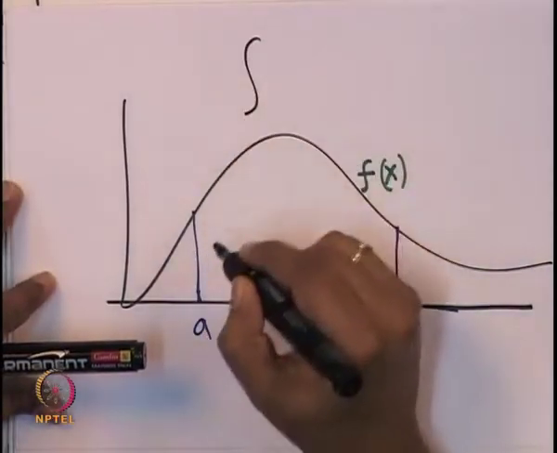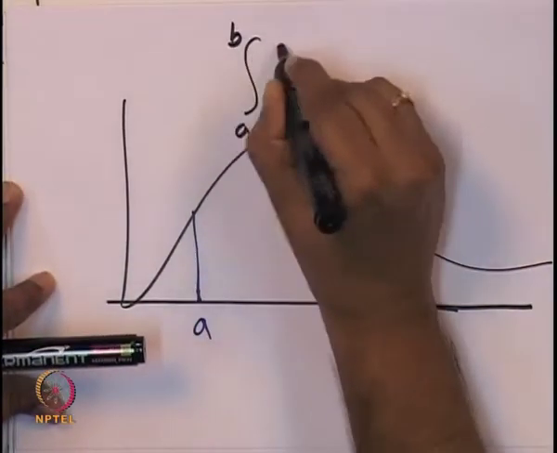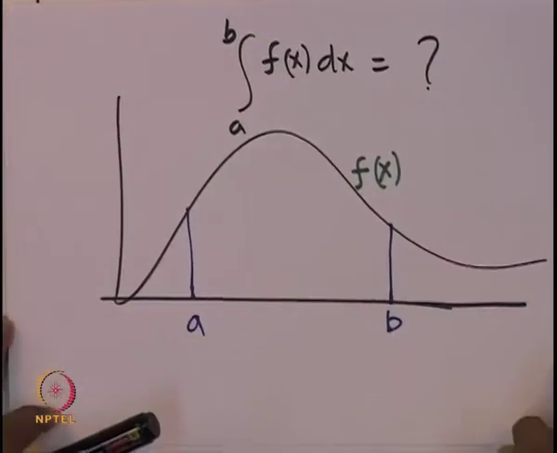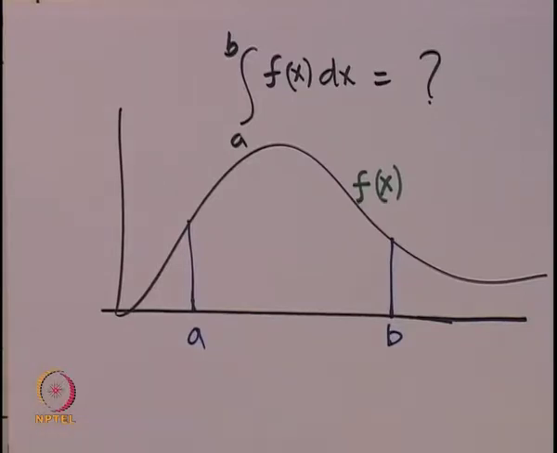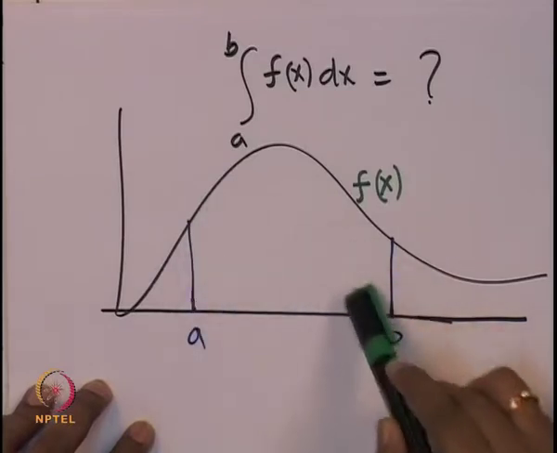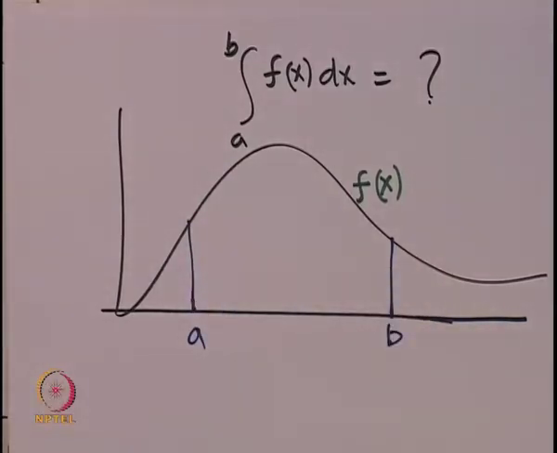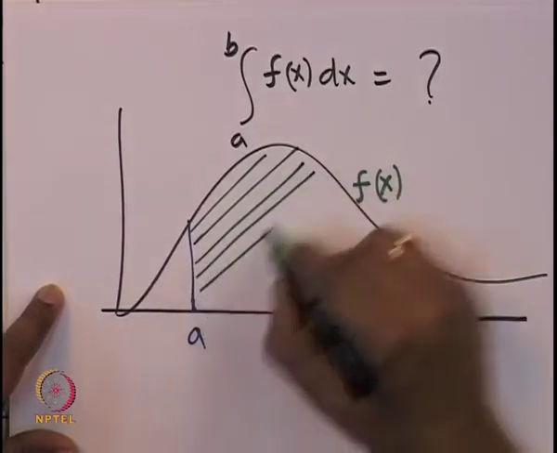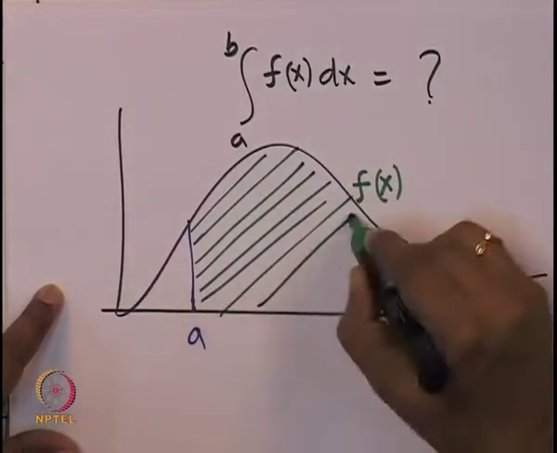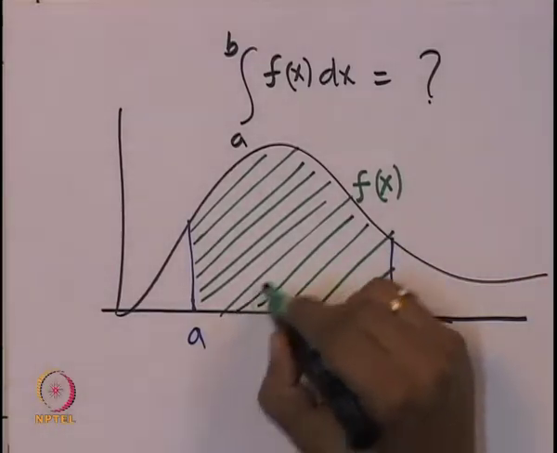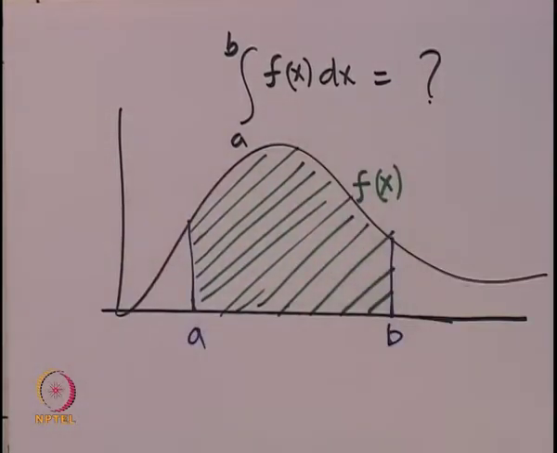From what we learned last time, it is nothing but the area under this curve between these 2 points. Let me shade this region. The area of this shaded region will give you this answer. Now, how do we calculate the area?